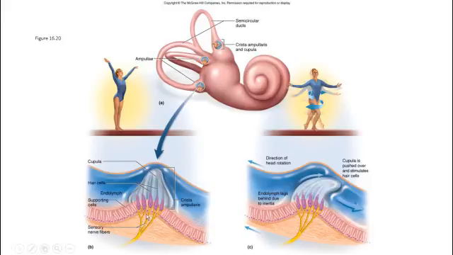The fluid flow in the canals stimulates these little cilia, or little hairs, and the movement of those little cilia sends impulses down through sensory nerves. So basically, as you move your head around, fluid flows in different canals and at different speeds, stimulates that, and that tells you where your head is in space.